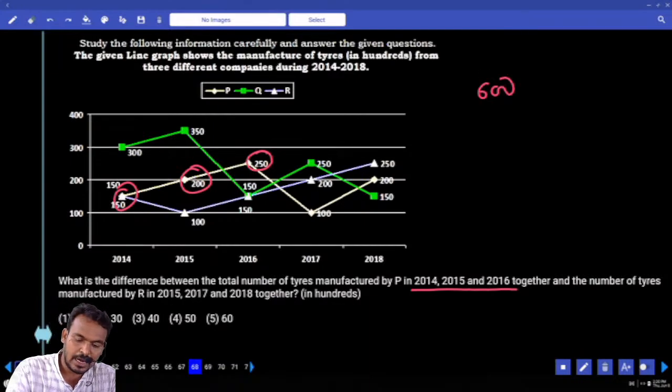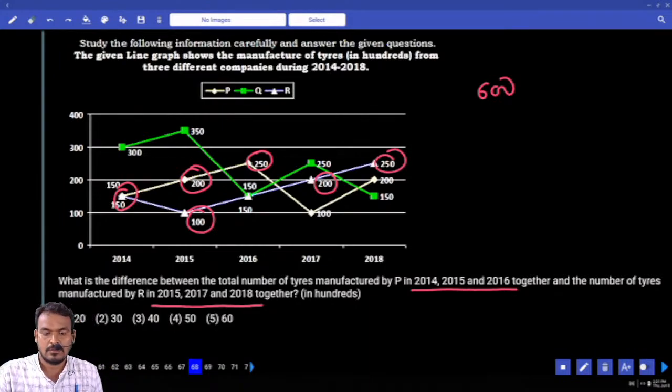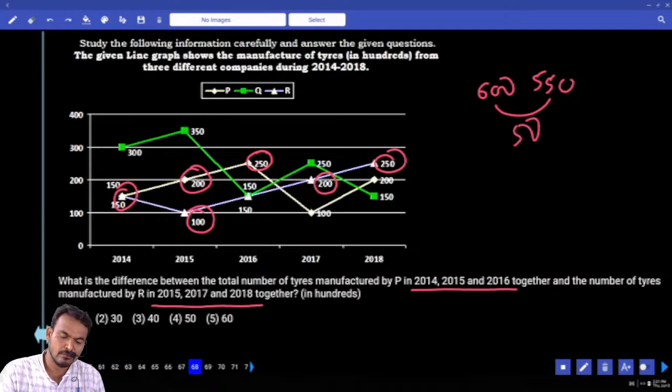Next, R in 15, 17 and 18. What is the R value in 15? R in 15, 200, 17, 200. Next, 18, 250. Total it is 550. But we required a difference. What is the difference? 50.